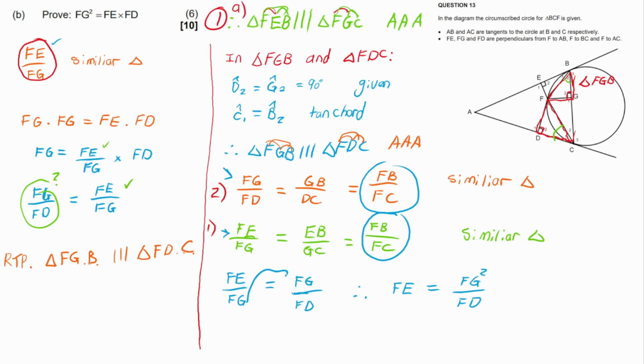Now I can times both sides by FD. So finally, I get that FG squared is equal to FE times FD. Final answer, and that's what they needed up here.